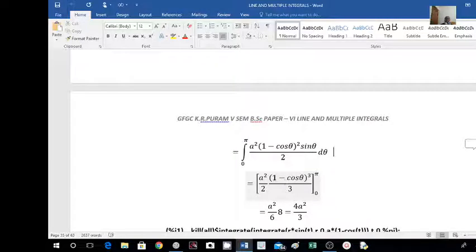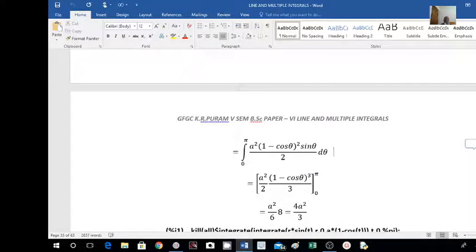So if I put the upper limit, this yields 8 here. Minus, if I put theta equal to 0, then cos 0 is equal to 1. So therefore 1 minus 1 will become 0. So substituting the lower limit, I am getting 0. Upper limit I am getting 8, 8 into a square divided by 6. That is 4a square divided by 3.